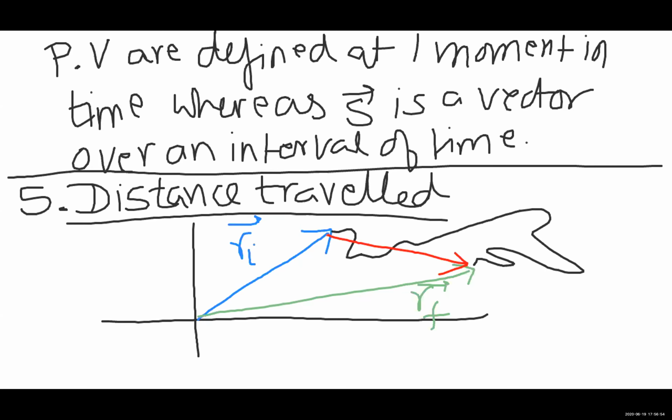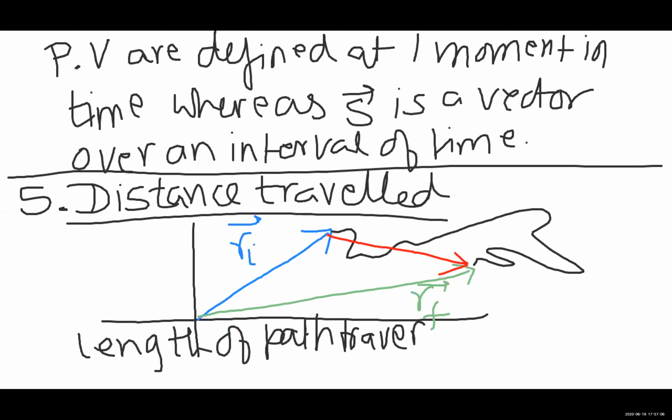So the distance traveled is the length of path traversed by the particle.